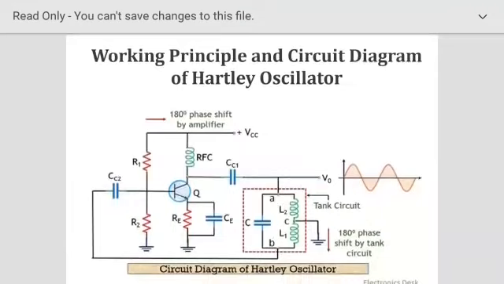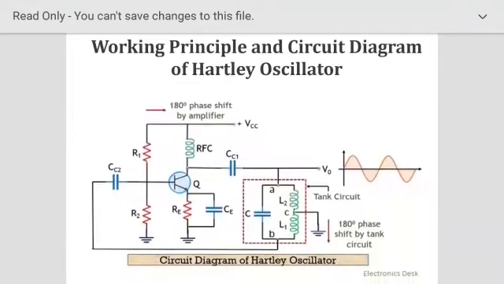When the collector current goes to the tank circuit, because of that collector current, the capacitor is charging, and then again when the capacitor is discharging, the inductor is charging.